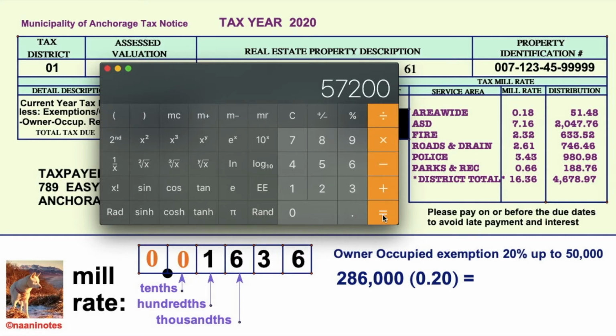And I get 57,200. Now, I'm all excited to take that 20% deduction, but wait a minute, Charlie, look what it says there. Up to $50,000. So the limit on the exemption is going to be $50,000.